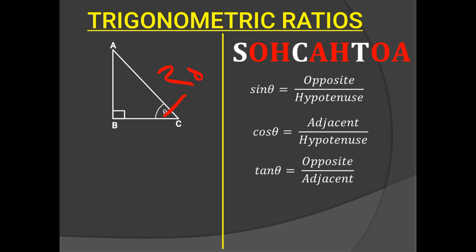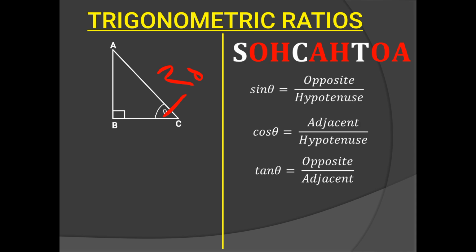This is what we call the trigonometric ratios. Ratio means division. So opposite over hypotenuse, that's for sine theta. Adjacent over hypotenuse, that's for cos theta. Opposite over adjacent, that is for tan theta. So if the angle is 20, then where you see the theta, you put 20.